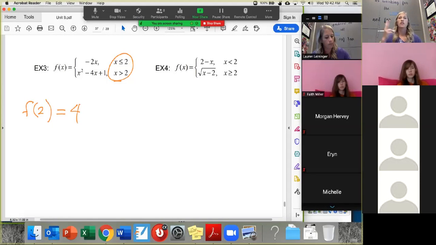The second condition is that the limit exists. In order for me to tell if the limit exists, I have to do the limit as we approach from the left and the limit as we approach from the right to see if I can then get a limit. All right. So from the left, which section would I plug it into?